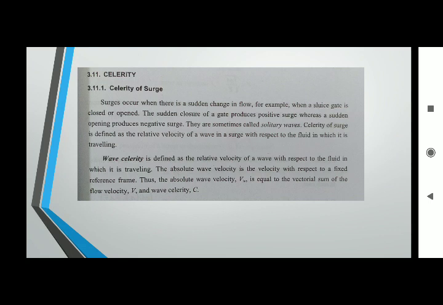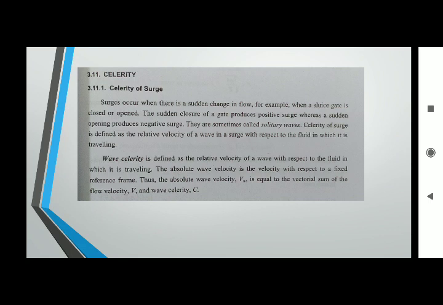Like that, if I am opening the shutter, then the water depth on the upstream side, the water storing side, decreases suddenly, and on the downstream side, the river side, water depth increases suddenly.